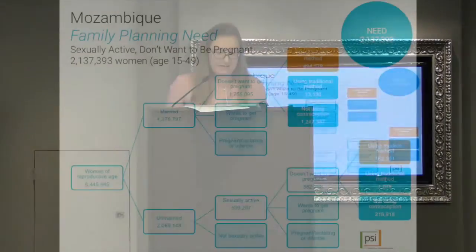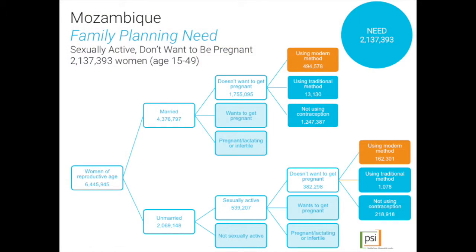So let's look at an example. As we've discussed earlier, we've been applying this use as a percent of need in a few different contexts. I'll look at family planning as one of them. Calculating family planning need in Mozambique, you have to think about how not all women have need for family planning.